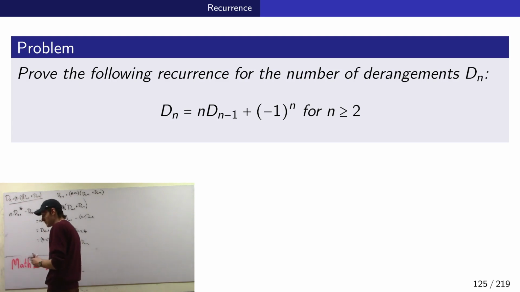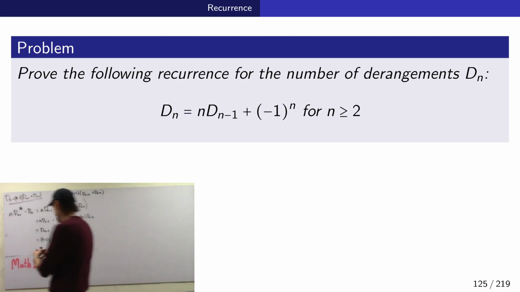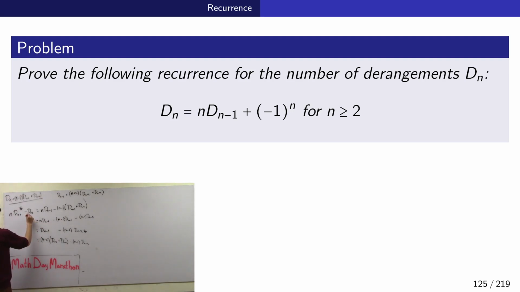And I'm going to get some color going on. Here, I want to specifically highlight that I replaced d sub n with this piece. Here, I want to specifically highlight that I replaced d sub n minus 1 with this piece right here. All right? So next, I'm going to just expand and rearrange again.